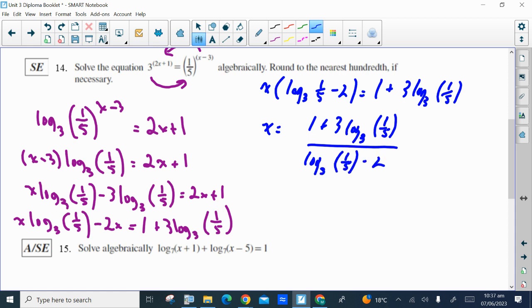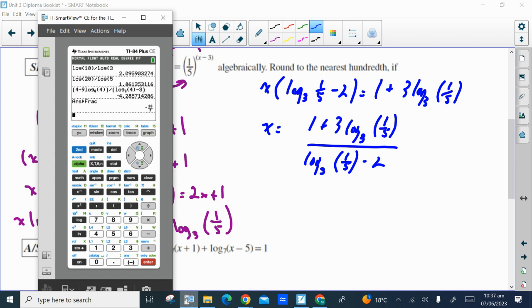And again, you cannot cancel the log base 3 of 1/5 on the top and bottom because they are terms of binomials. You can't cancel parts of a binomial. We're only allowed to cancel the same factor in all the terms. If all the terms are divisible by the same value, we can do that. But again, that's not the case here.